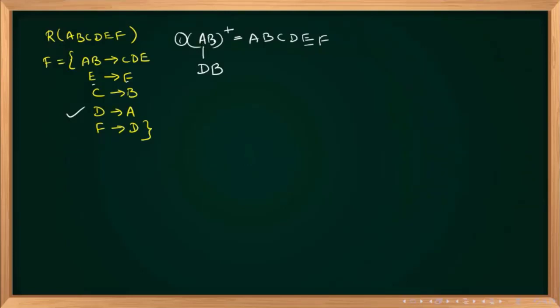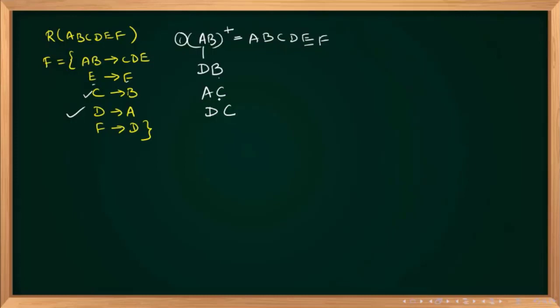Now instead of B, I can substitute C. So these two candidate keys I can get: AC, when I substitute C instead of B in AB. Now in DB, instead of B, I substitute C. Now I got AC and DC. So now A and B are over.